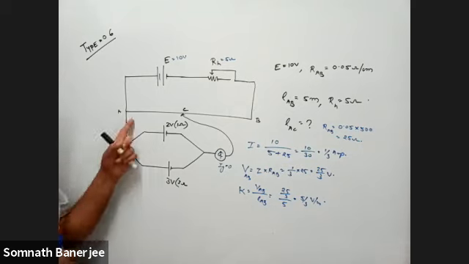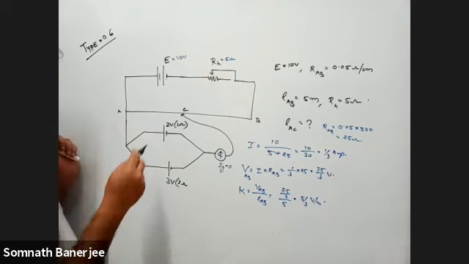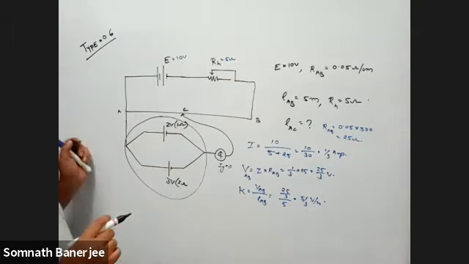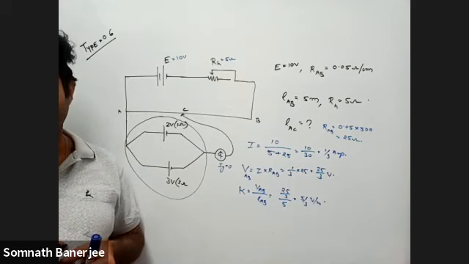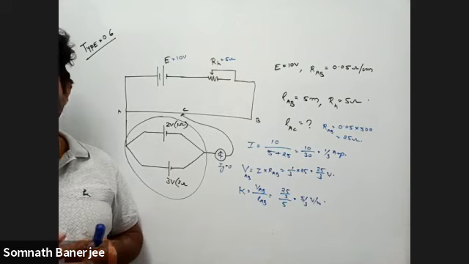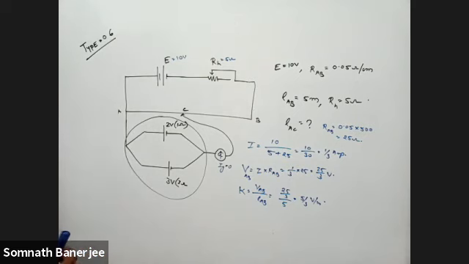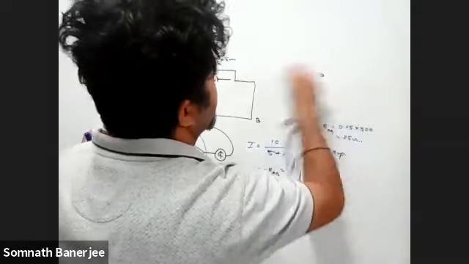Now to find the length of AC, we need the EMF of this secondary portion. We have to find the EMF of that part. For that, if you remember, in the parallel arrangement of cells, if the cells are not of the same value, then we use a formula.